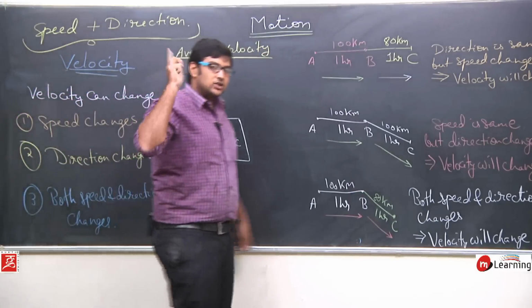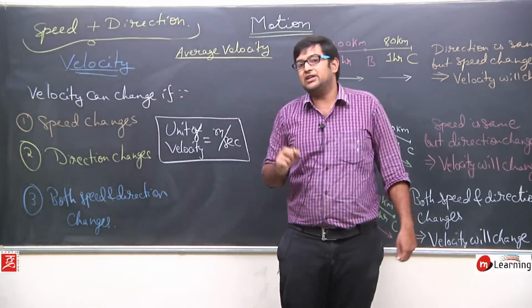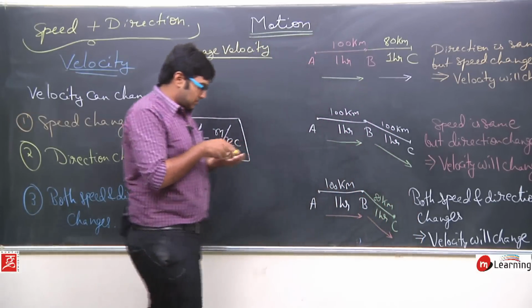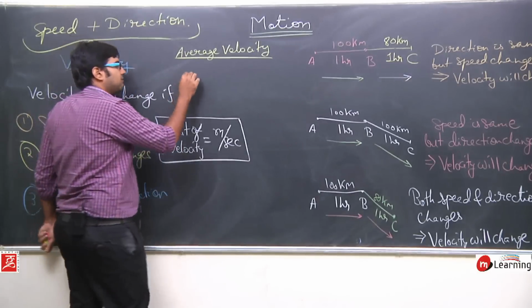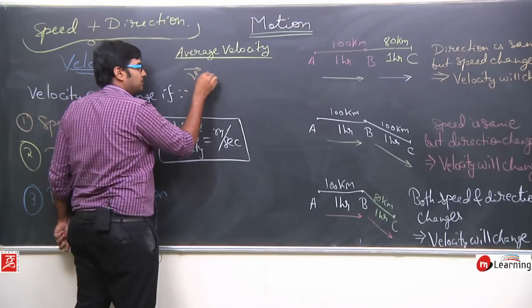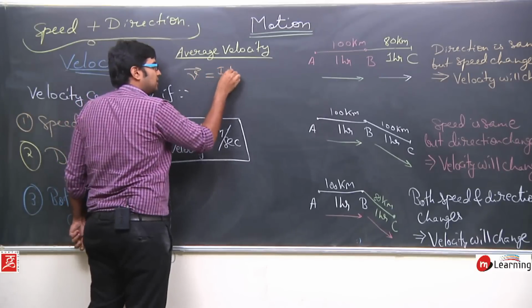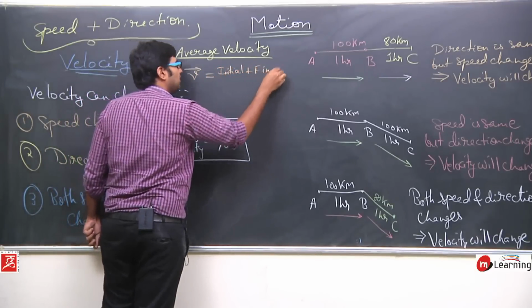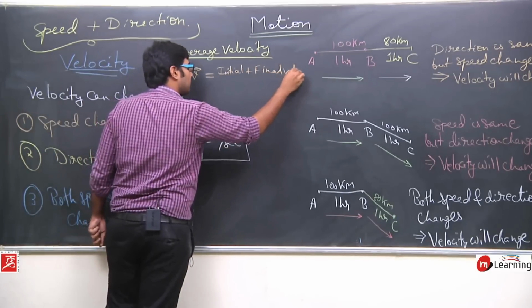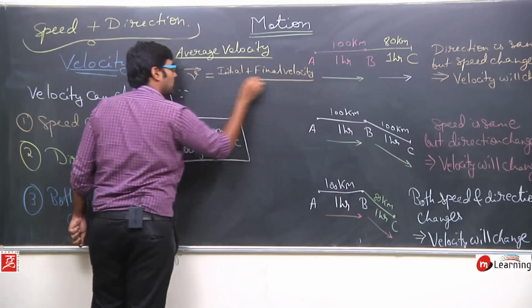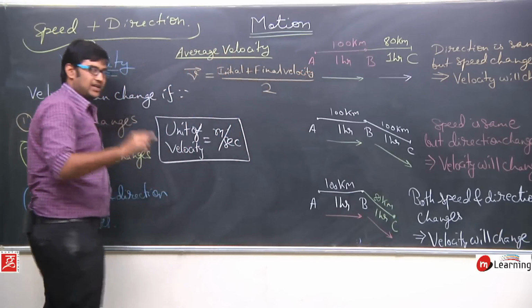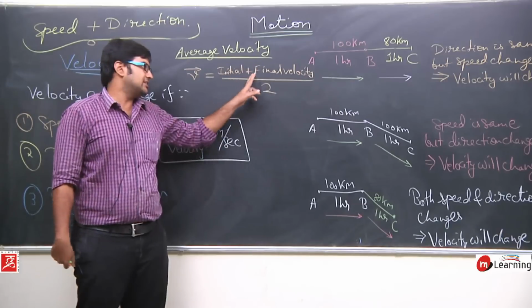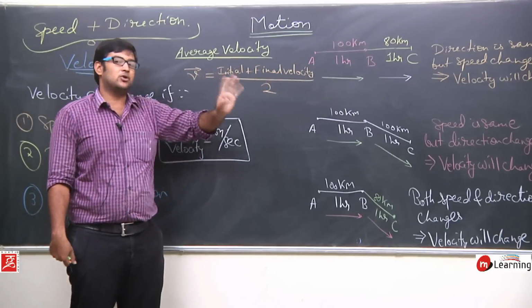See, in the case of speed, what we did is average speed means total distance upon total time, but here the average velocity, average velocity v vector, will be initial plus final velocity upon 2. Okay, this is how we define the average velocity concept, initial velocity plus final velocity upon 2.